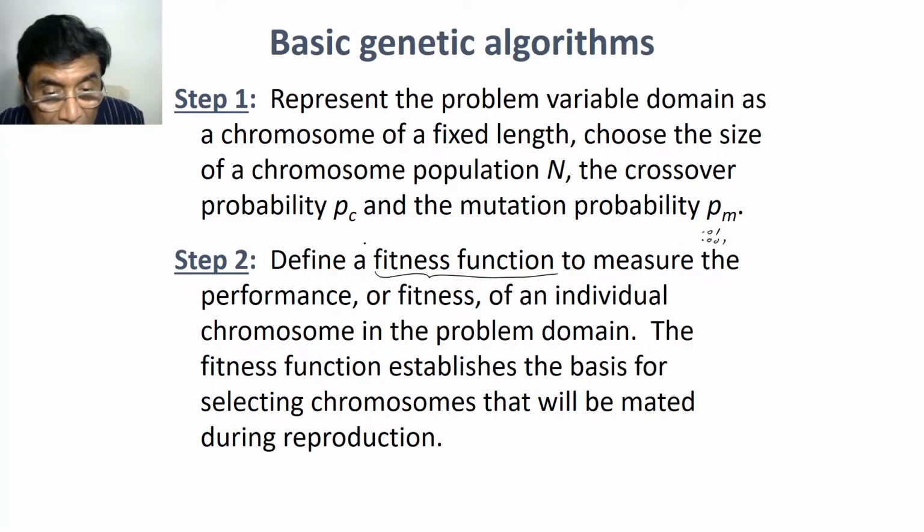If you can design one, which requires a lot of experience, then that's great. If you don't, then you can design some kind of problem-specific error function, and the error function can act as a fitness function. So those chromosomes which give a lower value of that error function are the fittest candidates.